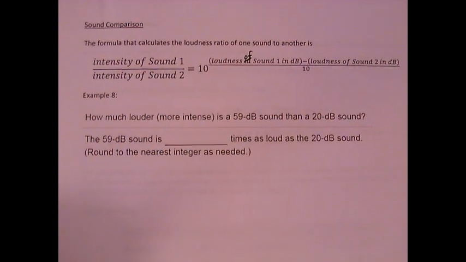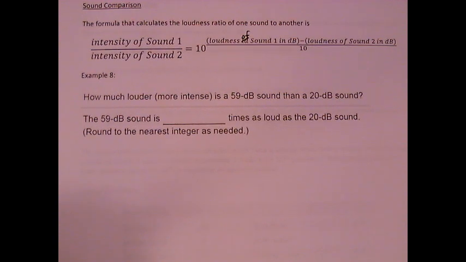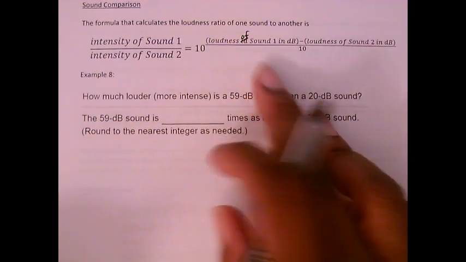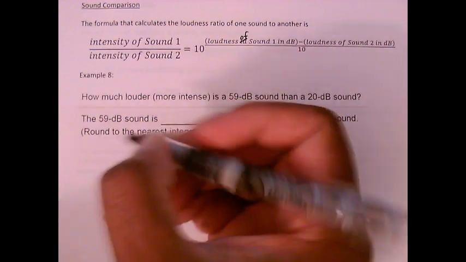So, in example 8, we want to find out how much louder or more intense is a 59 decibel sound than a 20 decibel sound. Okay, so we're going to be using this formula up here, and I'll rewrite that.